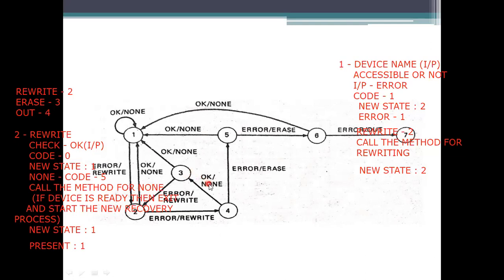Yes, now this node will allow you to recheck each and every one, and if it is okay, then it will return to its initial state. If not, what happens here? It will allow you to rewrite. How many rewrite operations will be performed here? We will perform only 2 rewrite operations and then 2 erase operations.